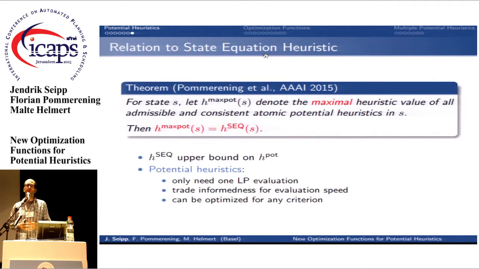So the state equation heuristic is an upper bound on all atomic potential heuristics, but in contrast, the potential heuristics only need one LP evaluation. So they trade informedness for evaluation speed, and we can optimize them for any given criterion.